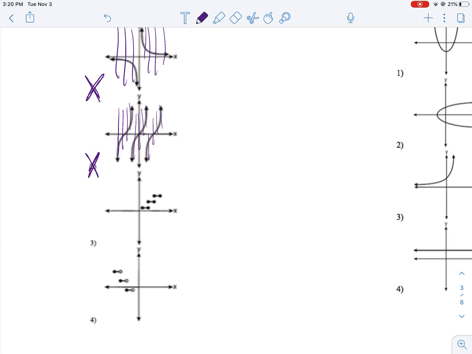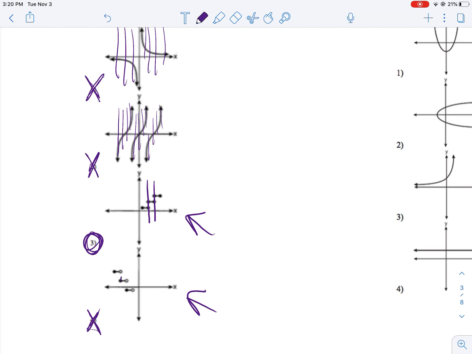All right. Now this one, even though it's got a hole there, this is still a function. All right. This one is not. Okay, so 3 is the answer because if you draw a vertical line here, I'm running into our graph twice. So this is a step function, but as you can see, the difference between this one and this one is that this one down here actually has holes in it.